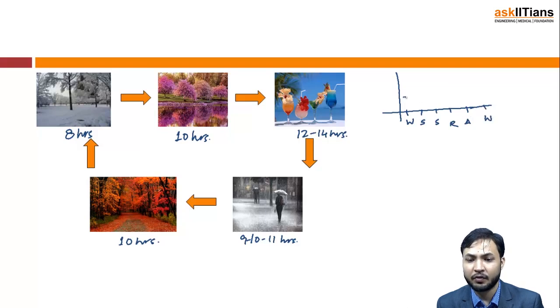Let's say I start from here, so it increases, then again it increases over here, it decreases to a certain degree over here, then again it decreases over here, and then again it comes back to this level.